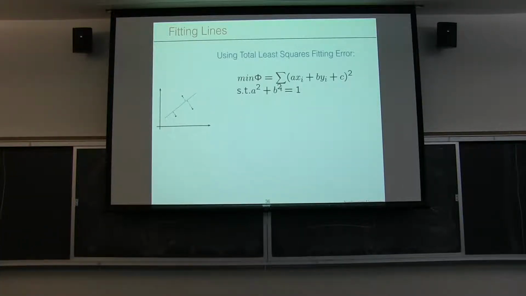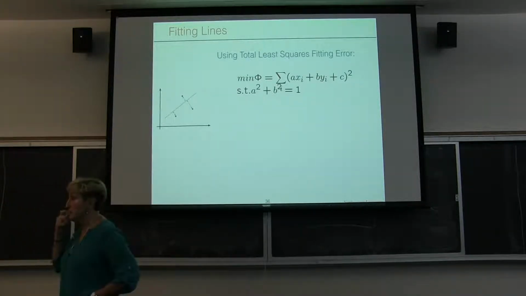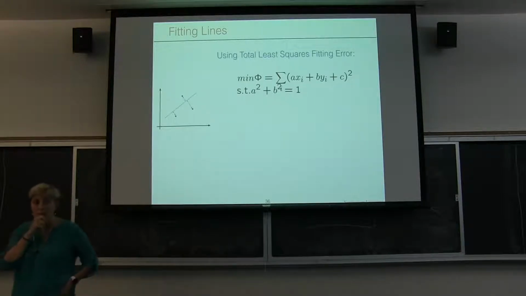So I'm going to plug in my numbers x, y, for each data point into the equation of the line, with the parameters that I don't know, a, b, and c. Those are the parameters of the line I'm trying to find, subject to the constraint that a squared plus b squared is equal to 1. Because now that equation represents the sum of the squares of the distances.